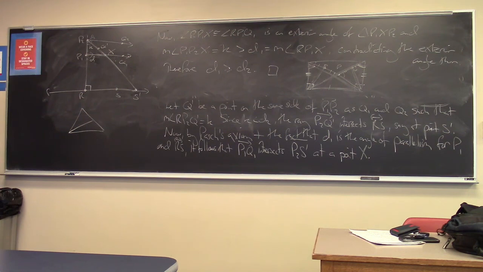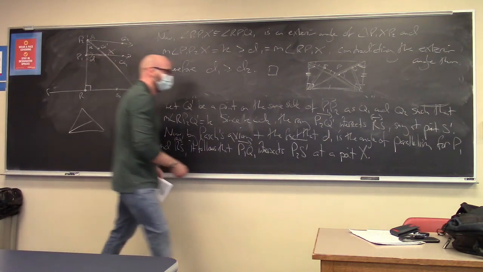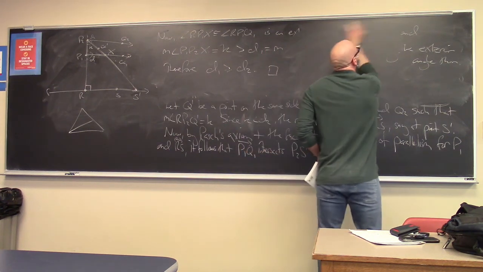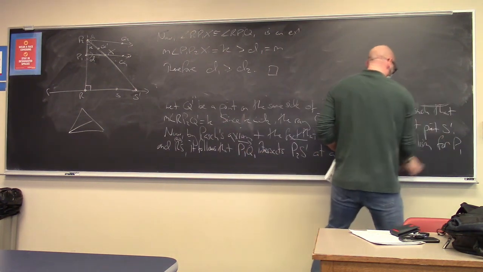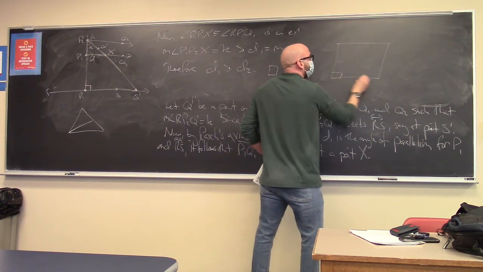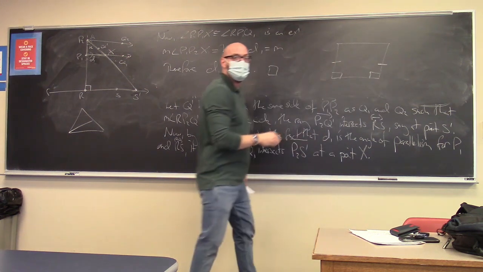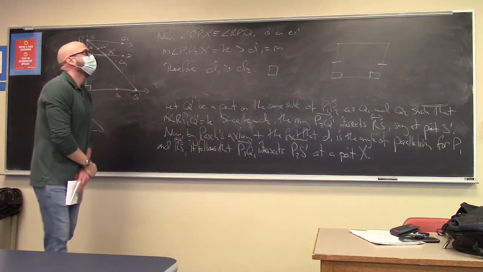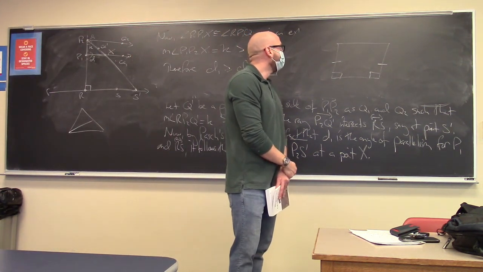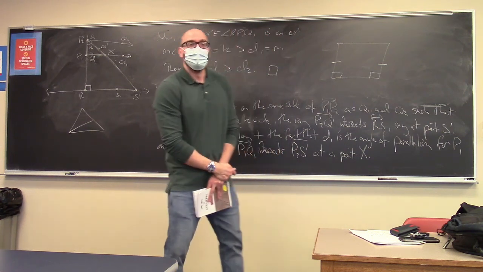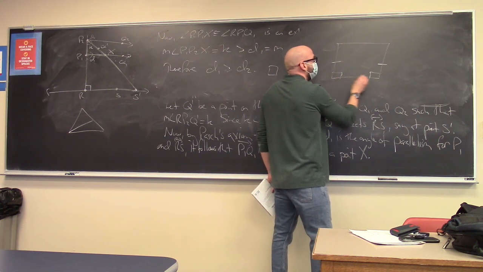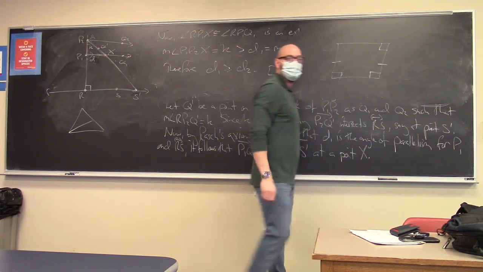And then the last two were not intended to be long proofs at all. Next one says you have a Saccheri quadrilateral. That's also Lambert. What does Lambert mean? Lambert means I've got a quadrilateral with three right angles.